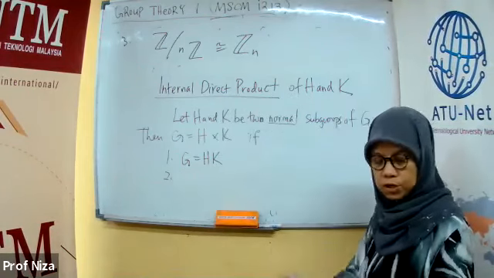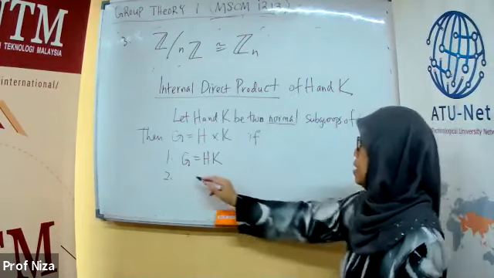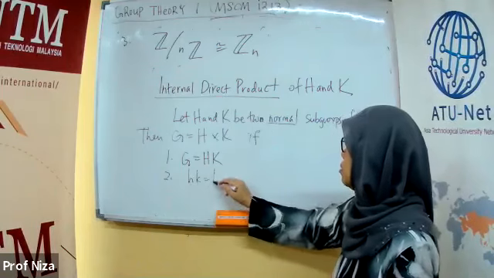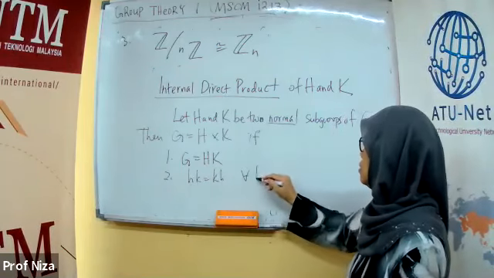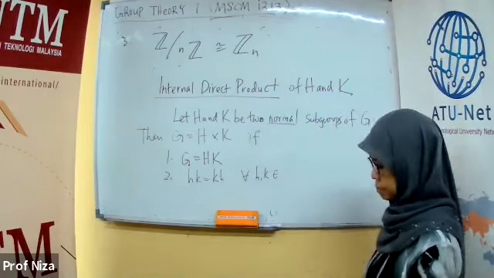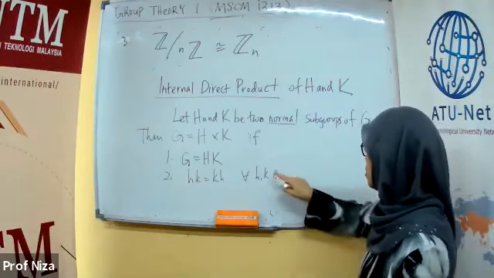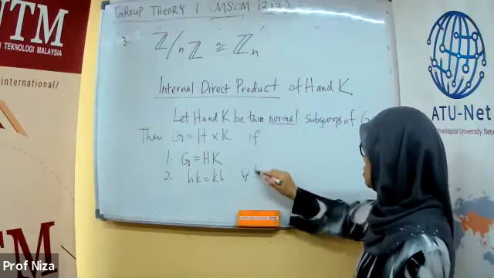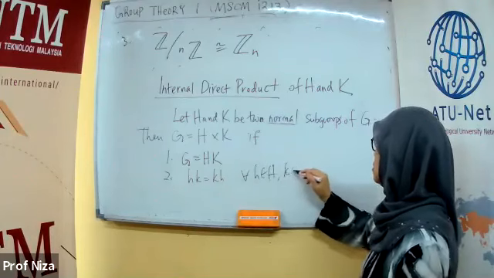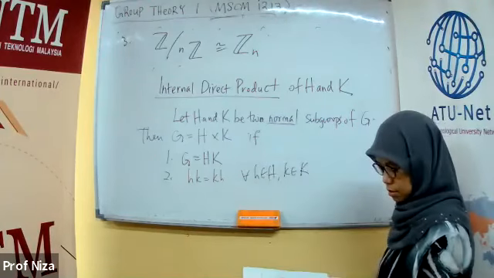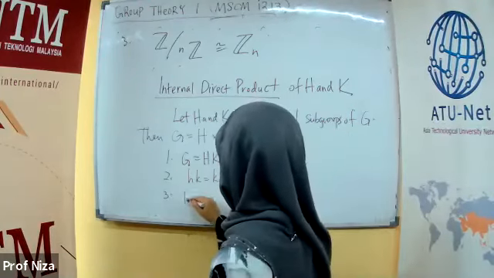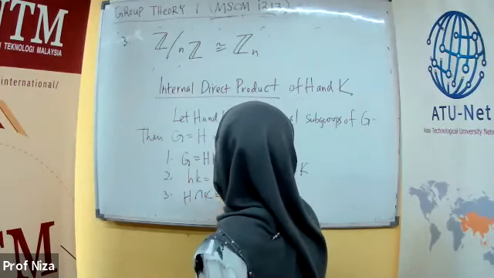G is a product of H and K. They commute. And they don't intersect.